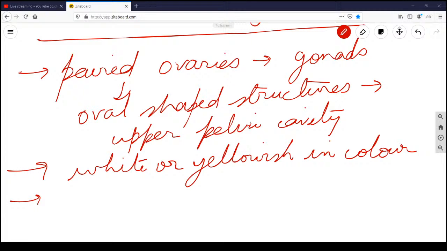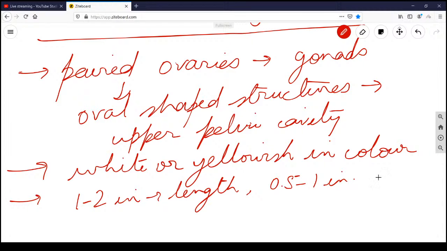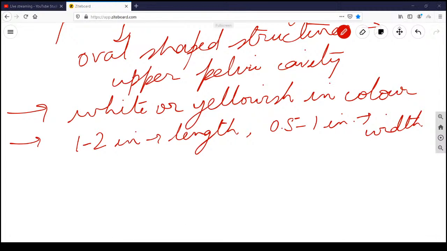The mature ovary measures about 1 to 2 inches in length and 0.5 to 1 inch in width. So that is what the length and width of an ovary is.